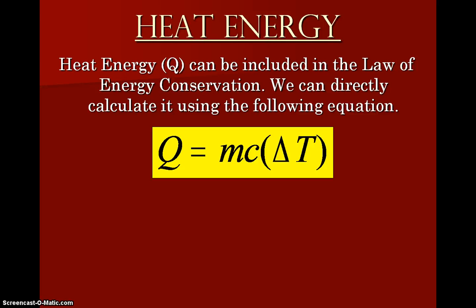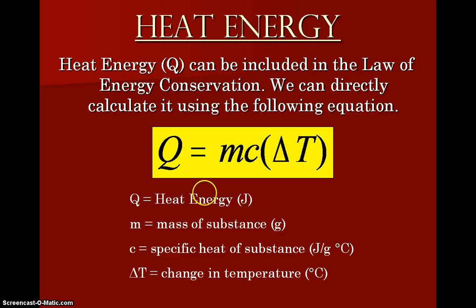So the amount of heat energy that it takes to change the temperature of a substance can be calculated with this equation, where Q is the heat energy in joules, M is the mass of the substance in grams, because it takes more energy to heat a larger substance than a smaller amount of substance. C is the specific heat of a substance. Now, specific heat is a physical property.